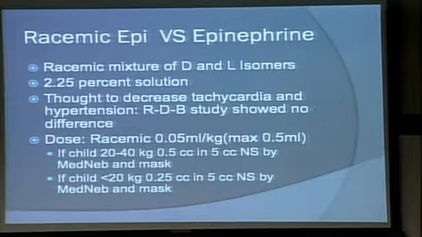Well, it turns out studies showed no difference, which is probably one of the reasons why racemic epinephrine is not available anywhere except places where we're willing to spend a lot of money for the product, because racemic is much more expensive than standard run-of-the-mill epinephrine. Well, because we have it and we use it, and it is sort of the gold standard in this country for racemic epinephrine.